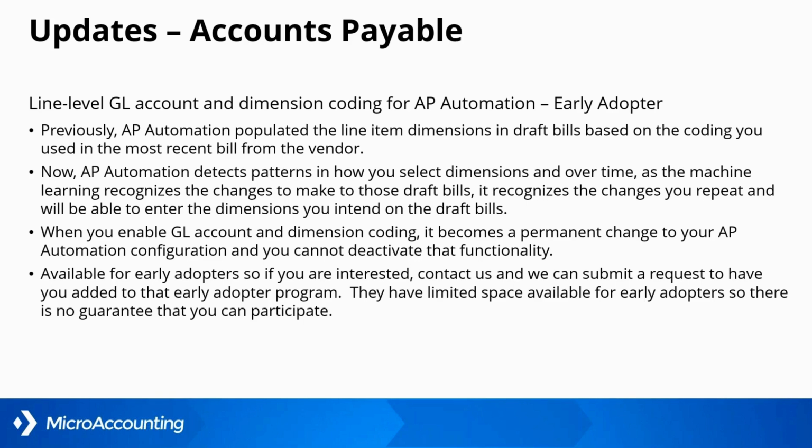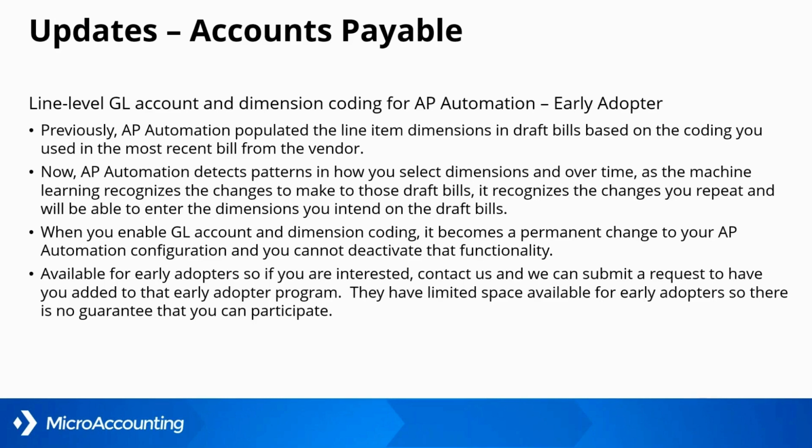And then Intacct is going to scan those in, process those bills, and enter them as draft bills in the Intacct accounting system under AP. So they'll be in as draft bills that you can then finalize, enter any additional coding, and post.